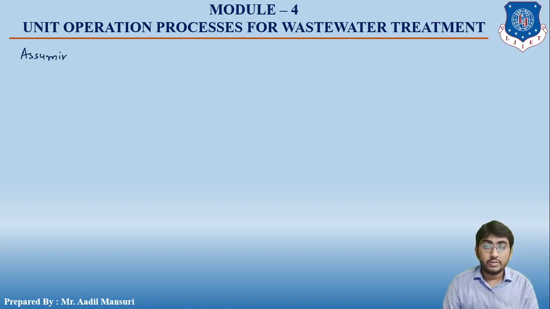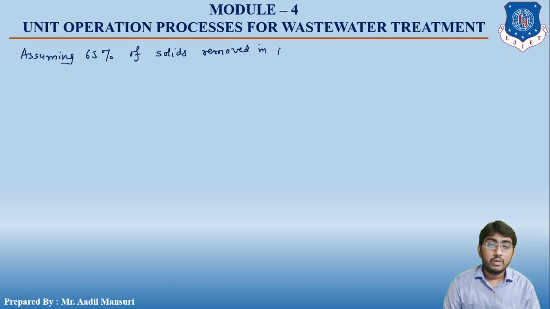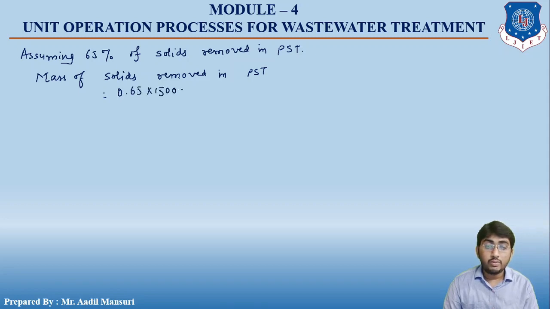So assuming 65% of solids removed in PST, the mass of solids removed in PST will be equal to 0.65 into 15,000. So that will be equal to 9750 kg per day, right?